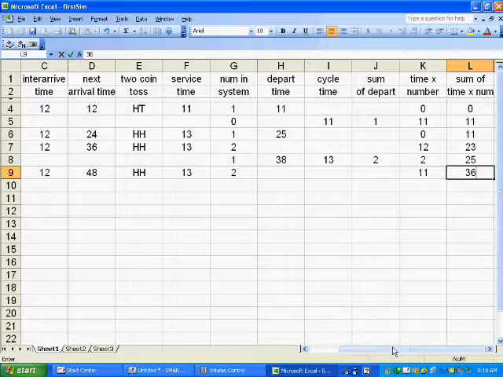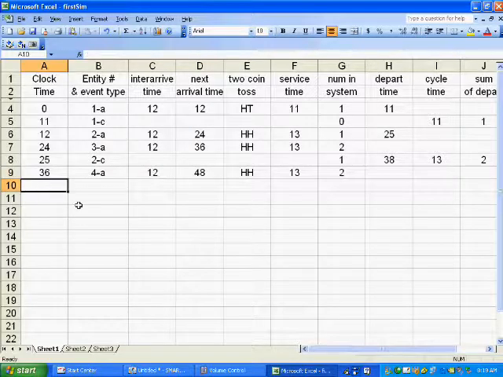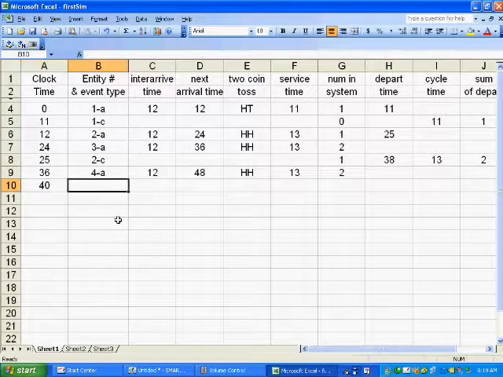Let's say that my goal before I started was to run this simulation for 40 time units. That means we actually have another type of event. When we did this simulation, we had 2 events: arrival events and service completion events. Let's add a third event, and that's a stop event. So at time 40, we're going to finish this off. We have a stop event.